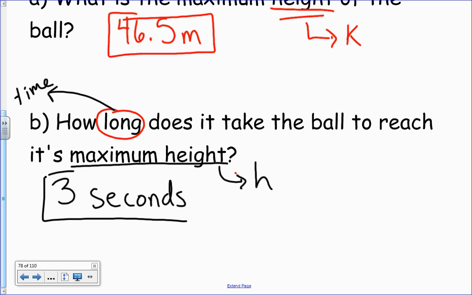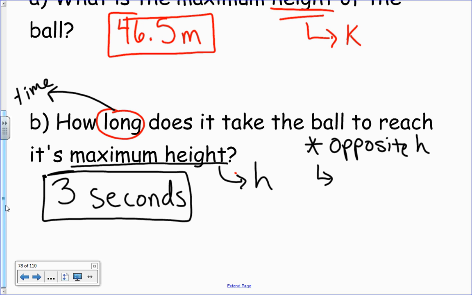Now, if you think about everything that we've talked about with quadratics, especially word problems, ones that have to do with time, you would not write -3 seconds. Remember, we write the opposite, h. Okay? And in this case, it makes sense because -3 seconds does not make sense.